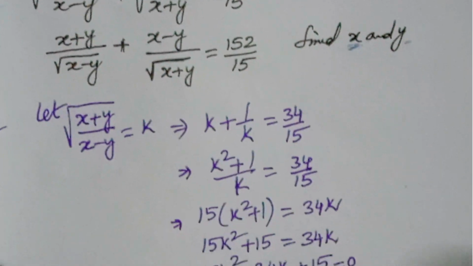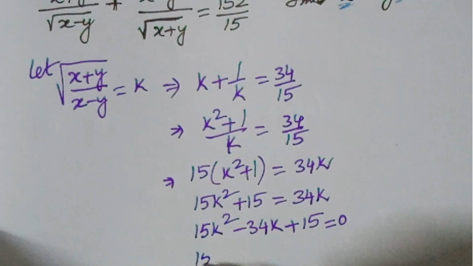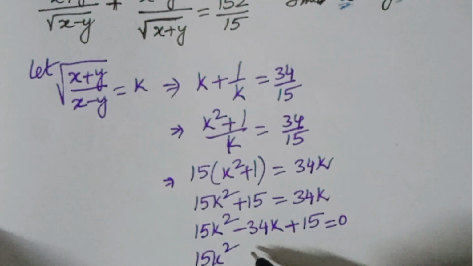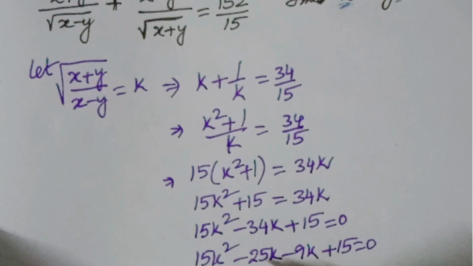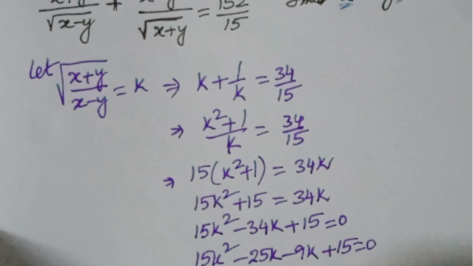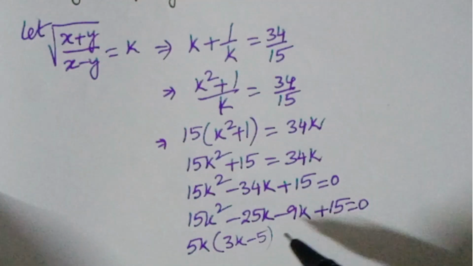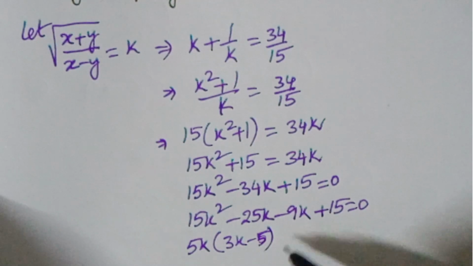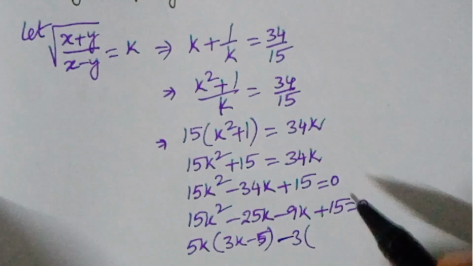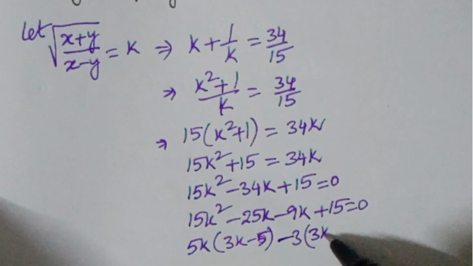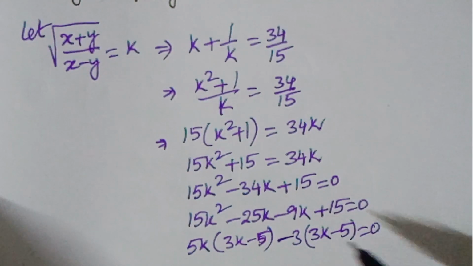So here you can write the factors: 15k square minus 25k minus 9k plus 15 equal to 0. Here you can take 5k common, (3k minus 5), minus 3 common, (3k minus 5) equal to 0.